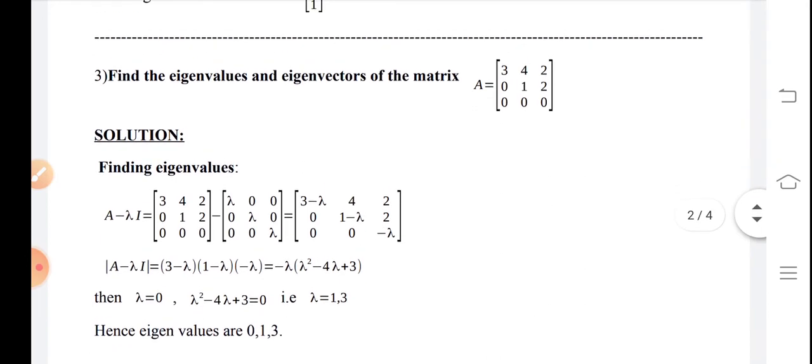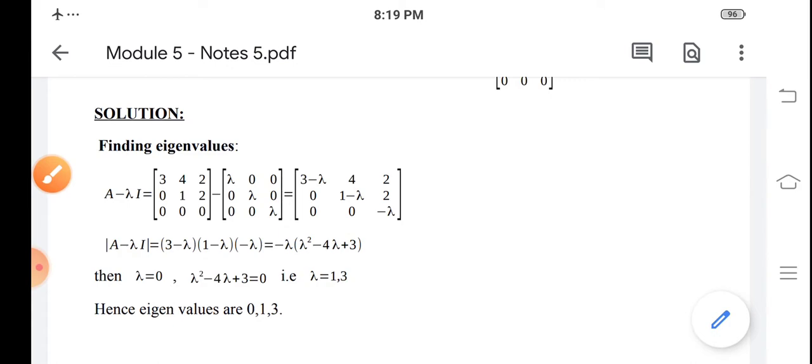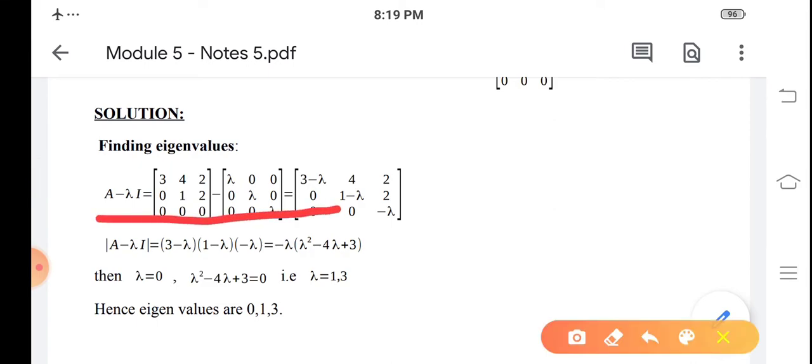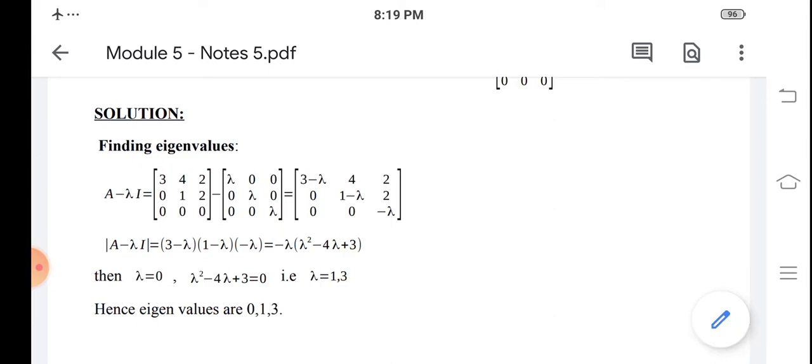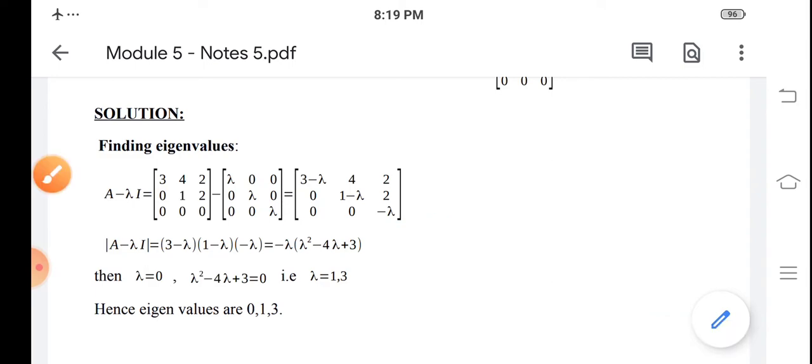To find the eigenvalues we require A minus lambda I. Here I is the identity matrix of order 3 because the given matrix is a square matrix of order 3. Now A minus lambda I, that is A minus lambda into I, with lambda on the diagonal, will be: first row 3 minus lambda, 4, 2; second row 0, 1 minus lambda, 2; and third row 0, 0, minus lambda.